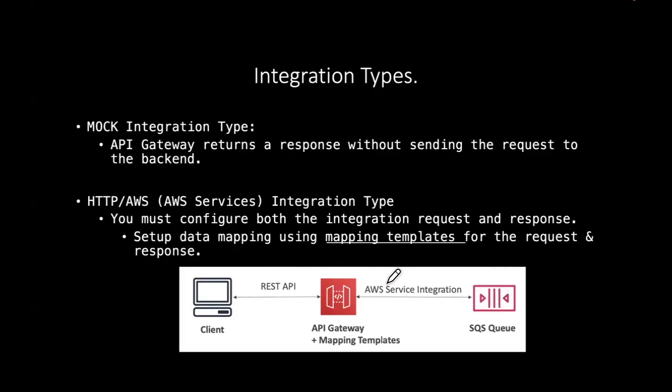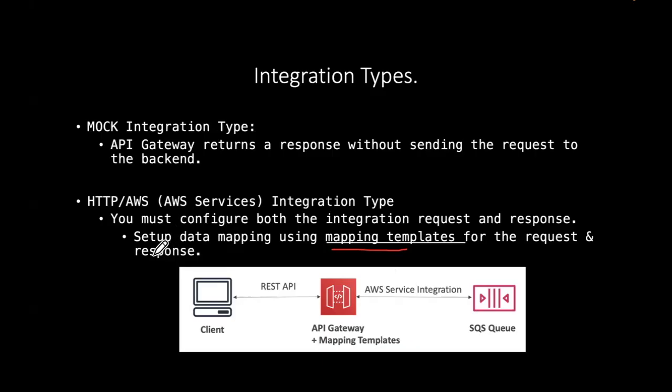And that transformation has to be described in some way. And what we use are what are called mapping templates to describe the transformation that needs to be carried out. These mapping templates are written using a special kind of tool, and they're quite tricky things to write. Fortunately, we don't need to know about them.